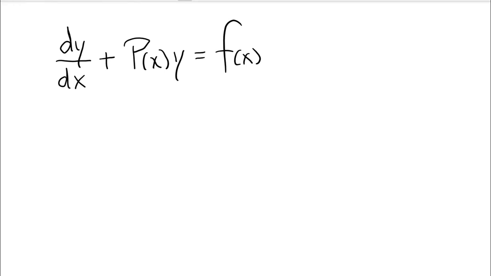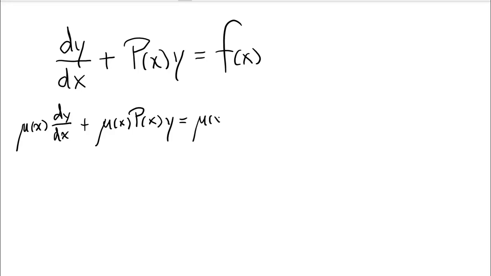So what we're going to do is define some function mu of x, and multiply that by both sides. So we get mu of x times dy dx plus mu of x times p of x y is equal to mu of x times f of x.